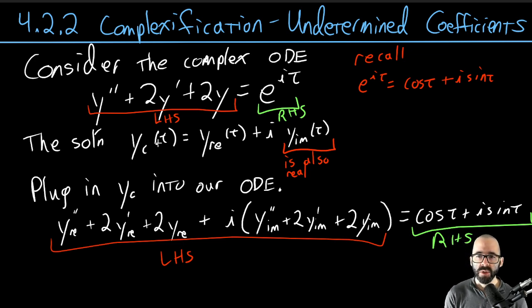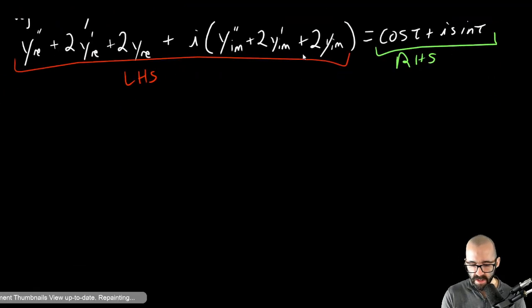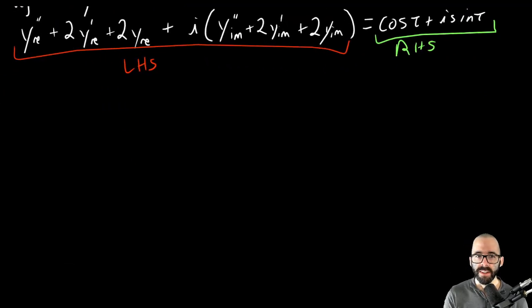So if this is a solution, and we know our solution looks like this, then this equation must hold always. Complex numbers and complex functions are only equal if their real parts are equal and their imaginary parts are equal. So what does that tell us? Well, we know two things.